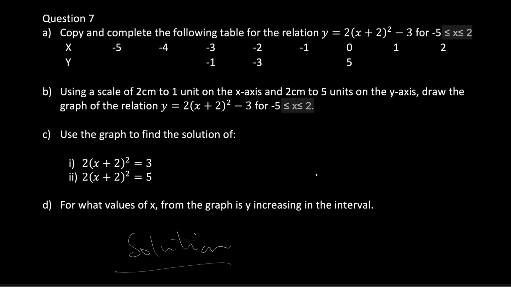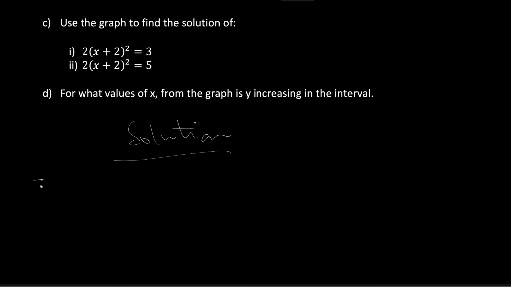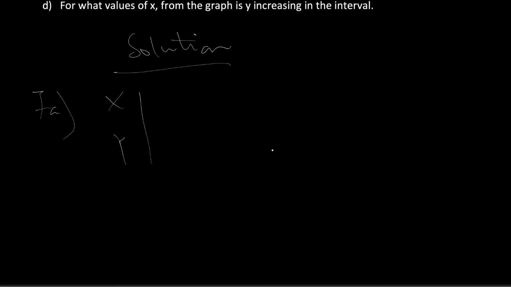First, we are asked to copy and complete the table. So 7a, x and y. The values of x is from negative 5 to 2.